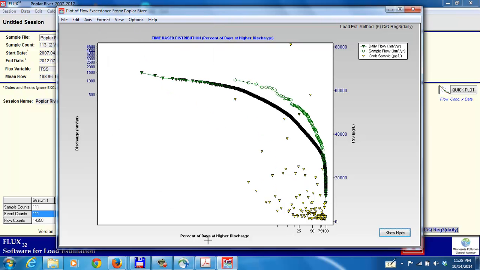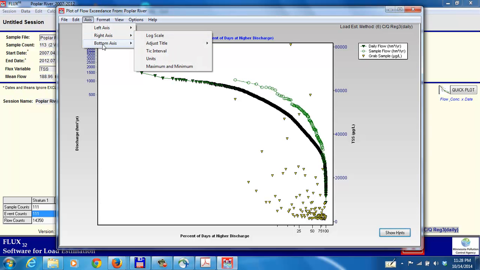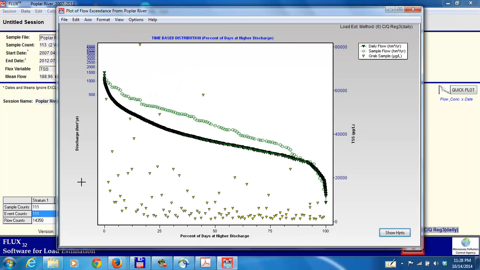And on the horizontal axis for the percentages of exceedance we had a linear scale, so we'll go back and change the bottom axis to a linear scale. So this should look very similar to what you found in assignment 1, the relationship for discharge, except we were using cubic feet per second. Here it is million cubic feet per year. It's just a units conversion.